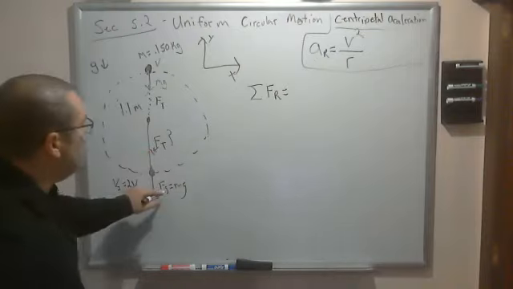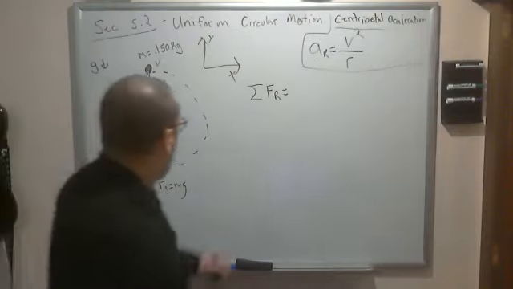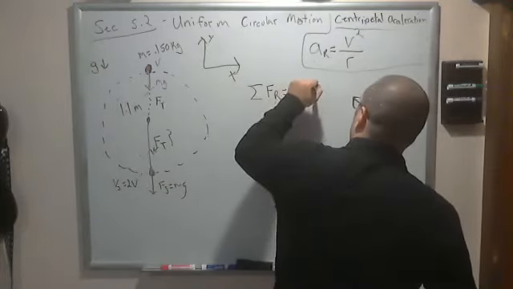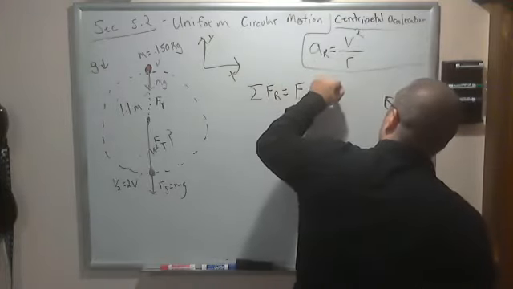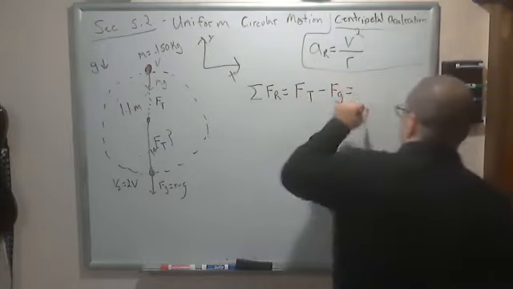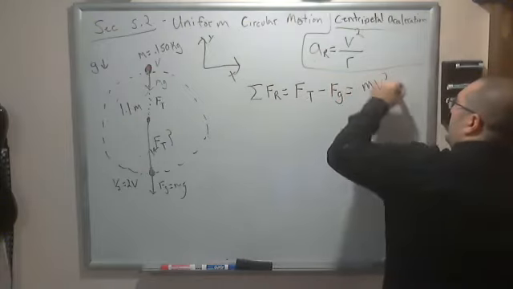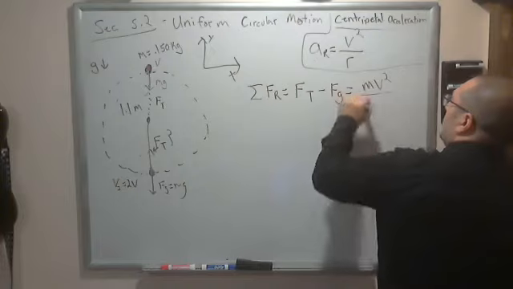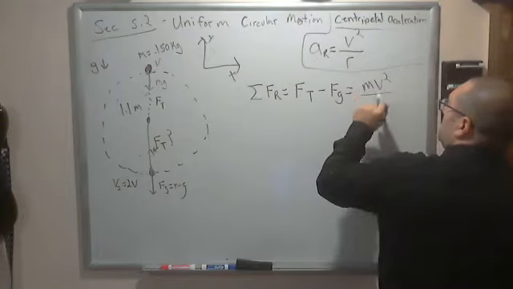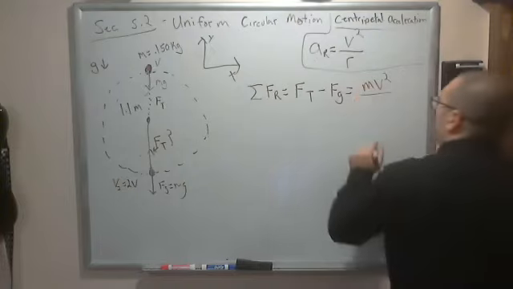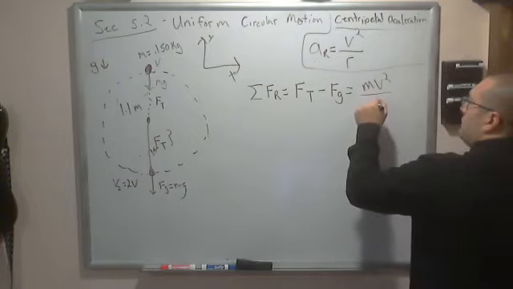Now we have Ft minus Fg, and then this has to satisfy the relationship for circular motion.